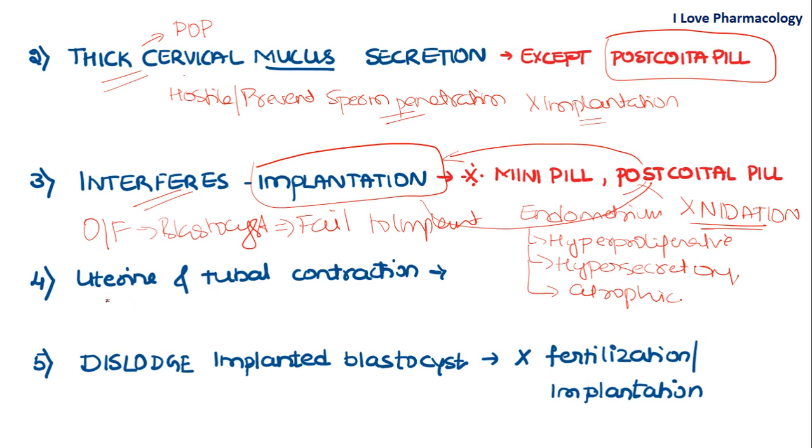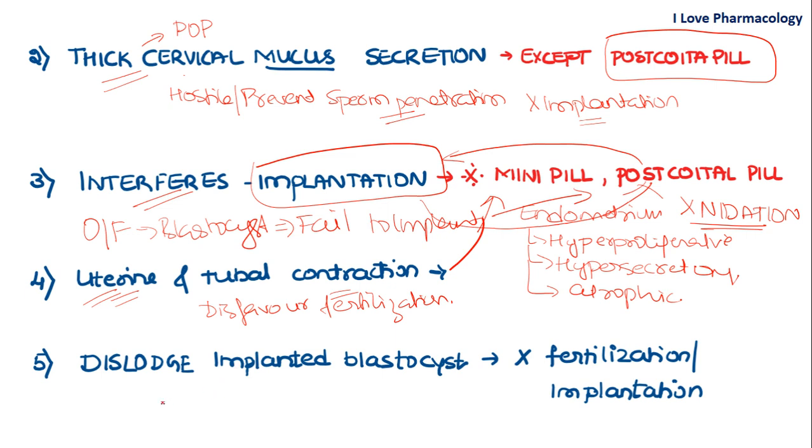Coming to the fourth mechanism, some of the drugs can disfavor fertilization by increasing the uterine as well as the tubal contractions. This is seen with both mini pills as well as postcoital contraceptives.